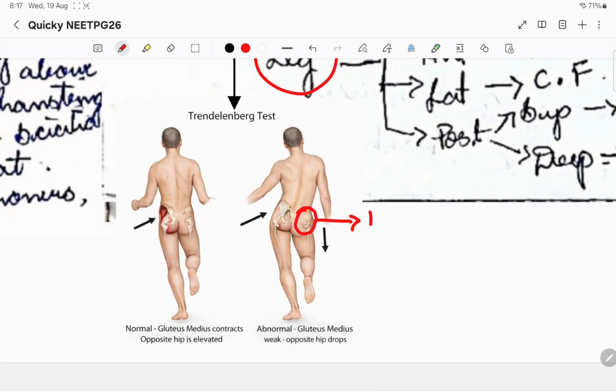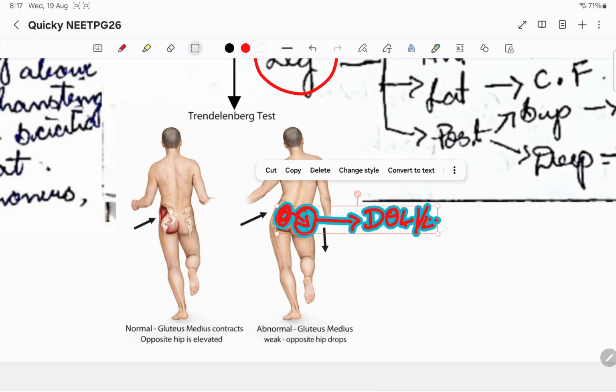Remember it like dolly: drop on the opposite side and lift on the ipsilateral side. The affected side is this one, whereas the drop is on the opposite side. For example, if the superior gluteal nerve is affected on the right side, the pelvis will drop to the left side.